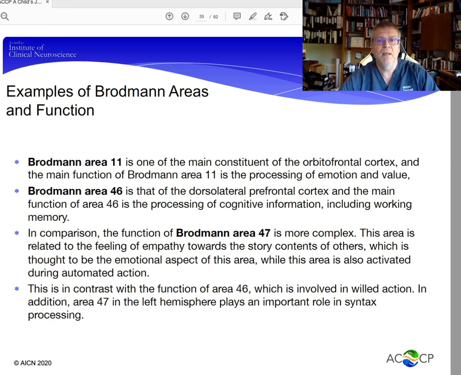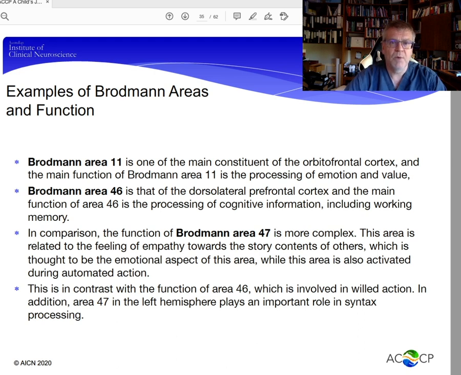So the Brodmann area 11 is probably one of the main constituents of the orbital frontal cortex that we've been talking about a lot. So the orbital frontal cortex is one of the main components, say, of the functional projection systems for executive function. And it is interesting because this part of the brain, or this part of the executive function, is processing emotions and giving value to those emotions.